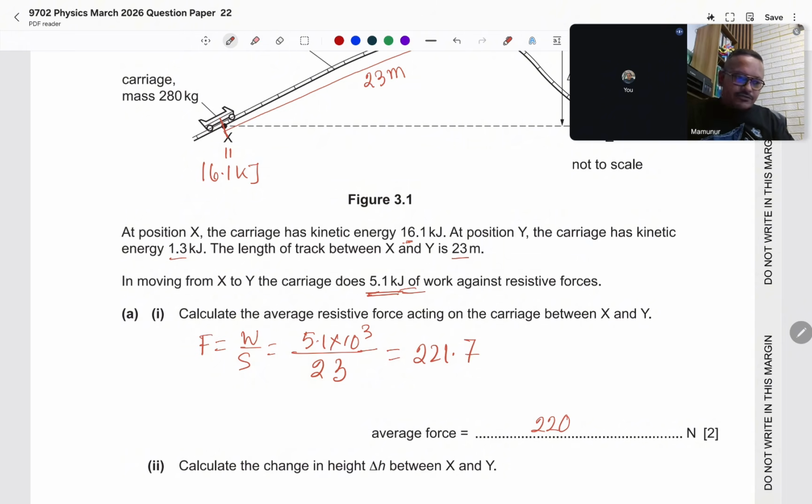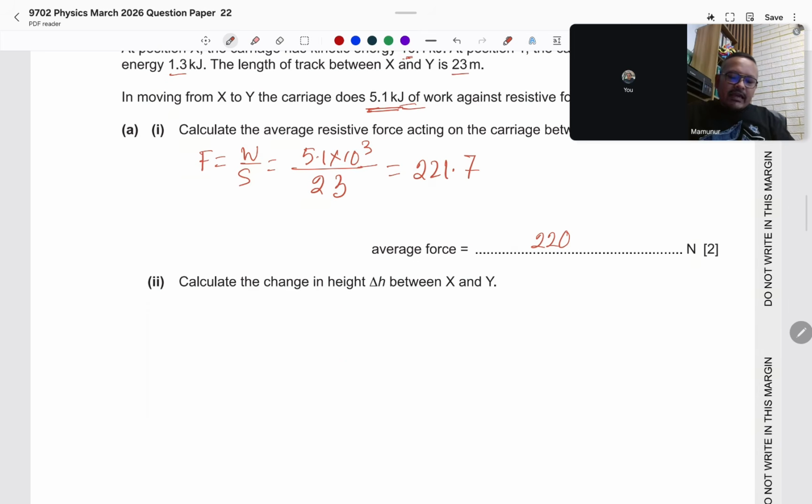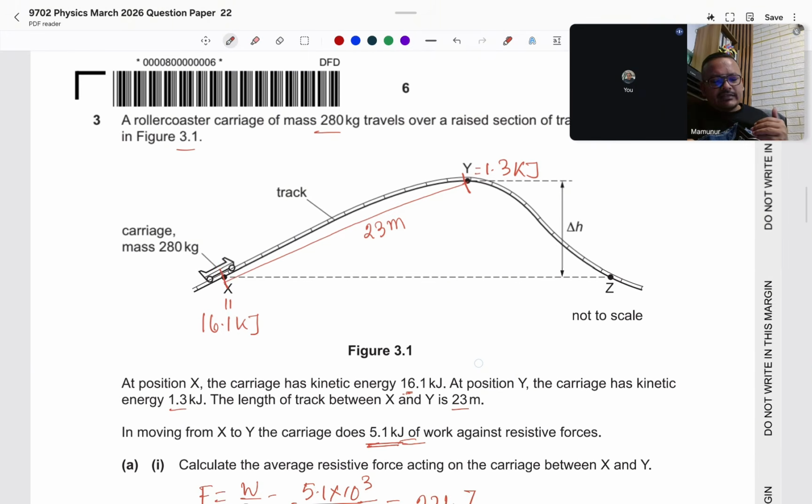Newton resistive force. Okay, calculate the change in height between X and Y. Change in height is due to the gravitational potential energy. I have kinetic energy, total kinetic energy is 16.1, and I'm getting 1.3 kilojoule.